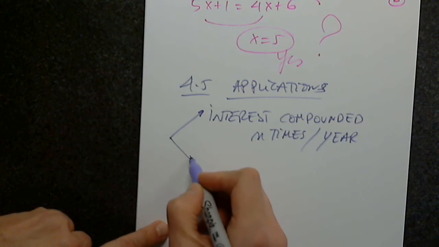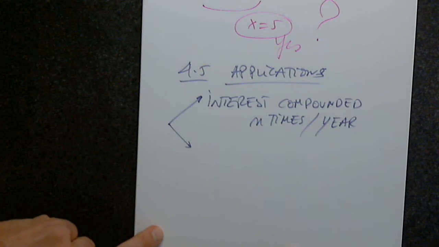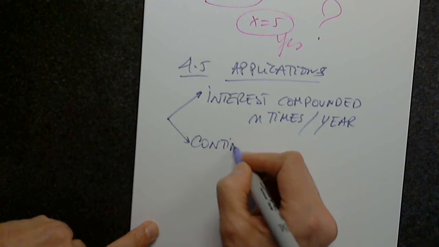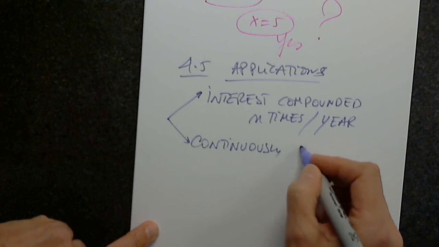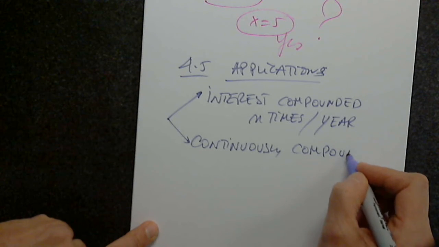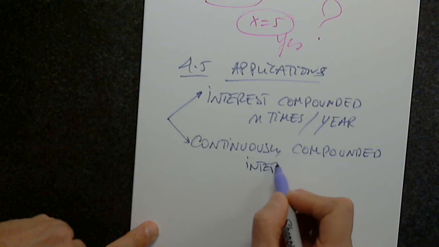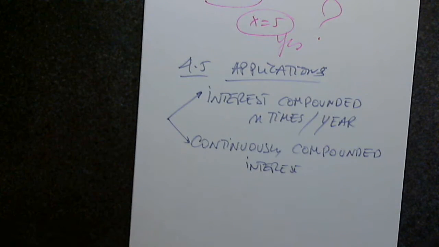The second application was continuously compounded interest. All formulas in this will be given to you. You don't have to memorize any of this.